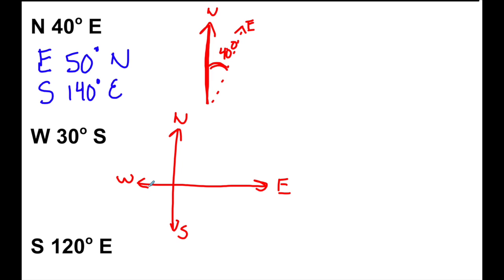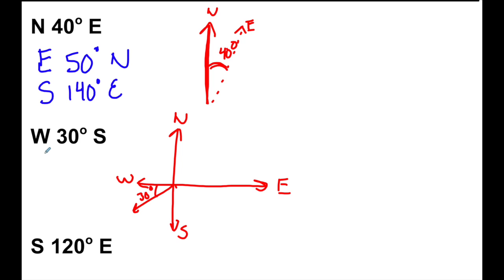I start at the west, and I'm going to turn 30 degrees toward the south. So I should get a picture of something like that. I'm looking west, and then I turn 30 degrees towards the south. If this was my ship or my airplane, this would be the bearing it would follow. It's 30 degrees south of west.